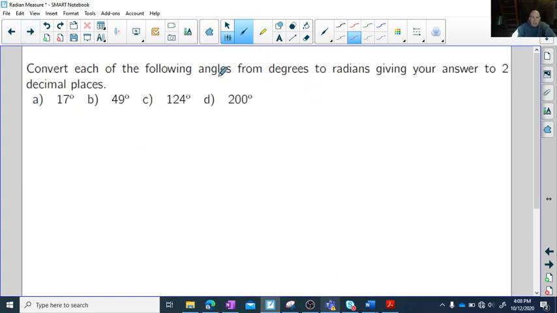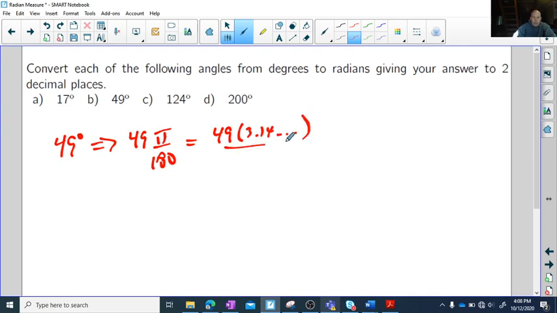This one wants us to go from degrees to radians, but it wants our answers to 2 decimal places. So let's take 49 degrees. Nothing changes. Same method. 49 degrees would be 49 multiplied by pi over 180. The only difference is we're actually going to put this in our calculator now. 49 times 3.14, and so on, over 180, and we're going to carry our answer to 2 decimal places.